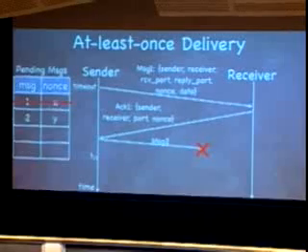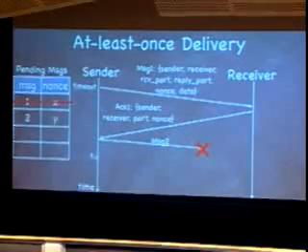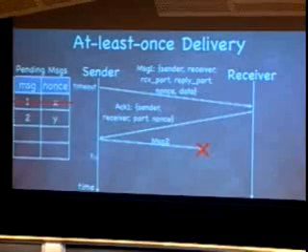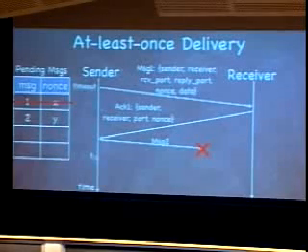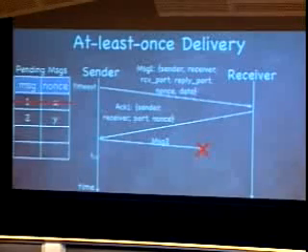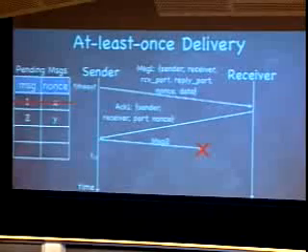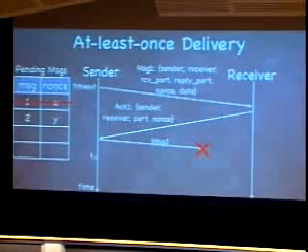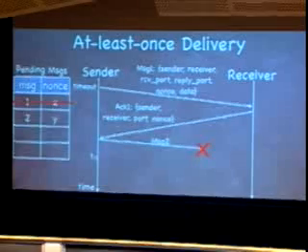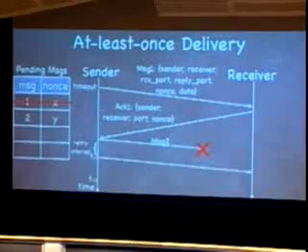And this timer is going to be a timeout value that's going to tell the sender when it should retry transmitting this message. And the sender is just going to retry transmitting messages over and over again until the message actually gets through. So in this case, it sets this timer for time tr1 at the same instant that it sends out this message. And then when time tr1 arrives and the message hasn't yet been acknowledged, after this retry interval, the sender is just going to retransmit the message.